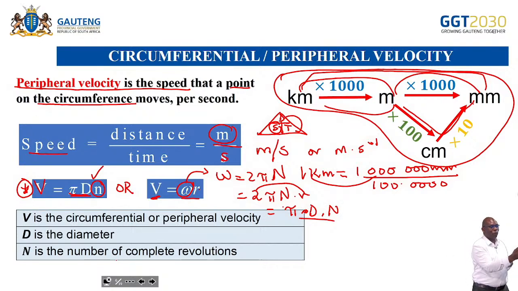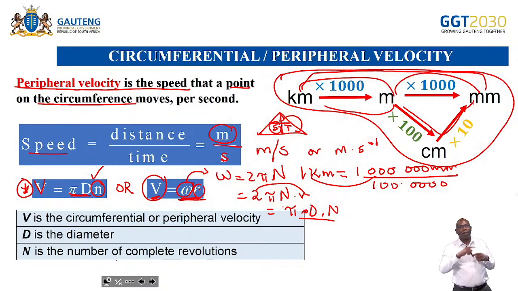When I'm using that formula, it is when angular velocity is given. I know my angular velocity, and then I need my circumferential velocity, but I've got a radius for that matter. Remember in the video that we had a radius being given, and I have the angular velocity of the grandma, then from there I can just use that formula to get the velocity, the speed at which Megan was running.